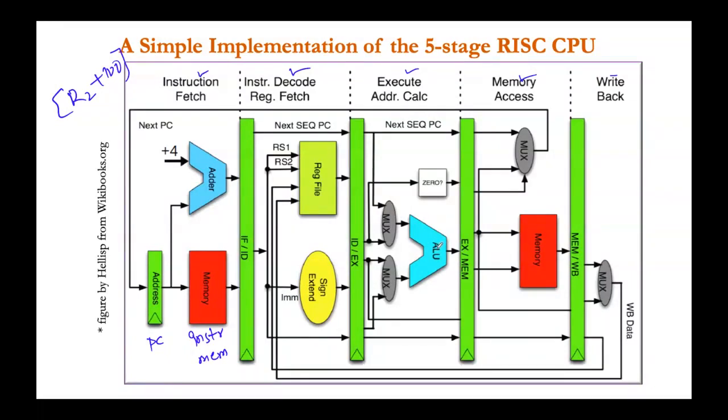So the main component of the execution phase is your arithmetic and logic unit. The output of the ALU is given as an input to the memory. Which memory? This is the data memory. So these are the basic components of the 5-stage RISC.